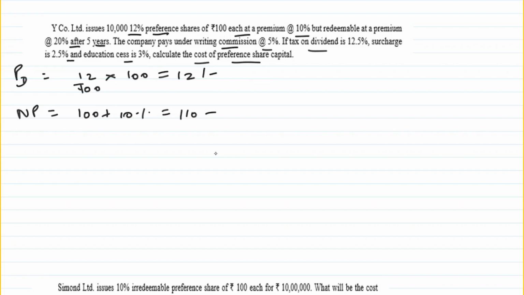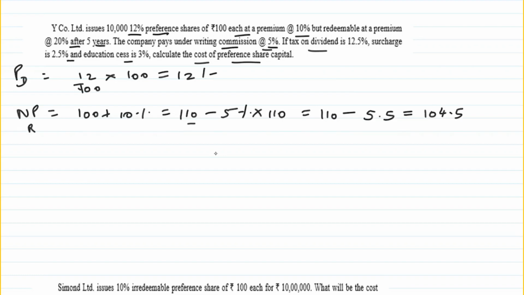But we can see that there is an underwriting commission of 5%. We know that whenever an underwriting commission is given, that is supposed to be subtracted from the issue price. So 5% of 110 will be 5.5, and 110 minus 5.5 gives the value of our net proceeds as 104.5.